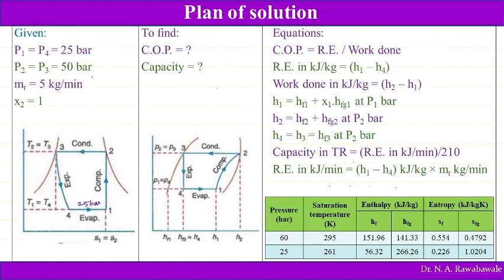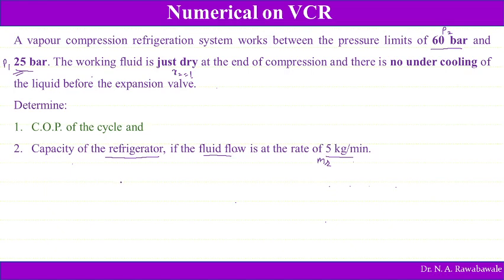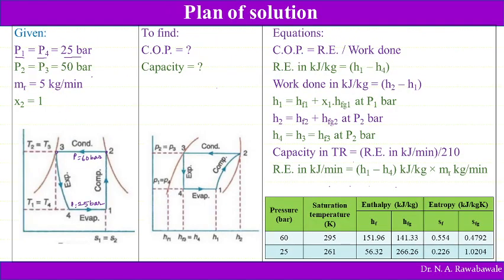This is a constant pressure process, so P1 is equal to P4 is equal to 25 bar. Then at the end of compression the pressure increases to 60 bar, where the pressure at point 2 and point 3 is the same. So P2 is equal to P3 is equal to 60 bar.